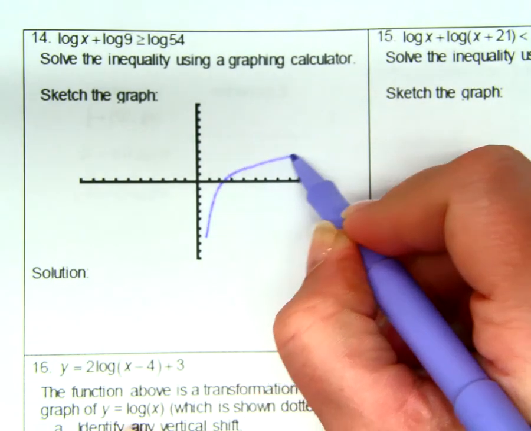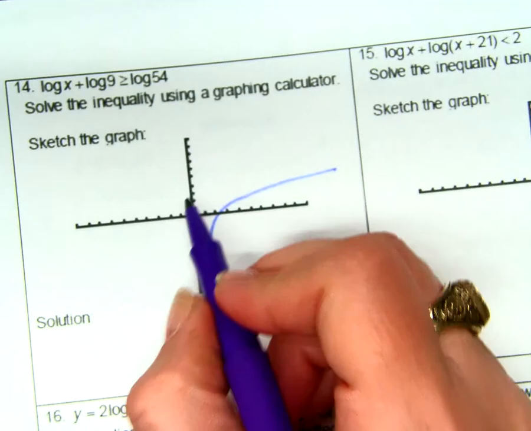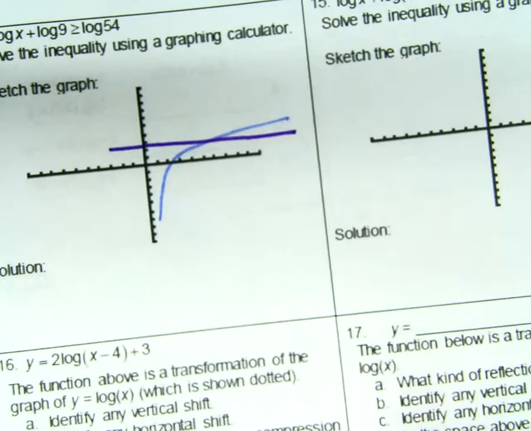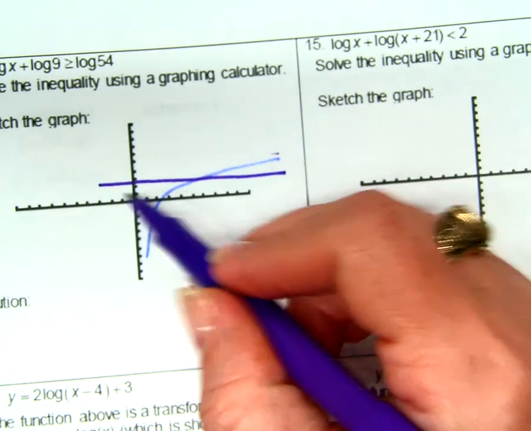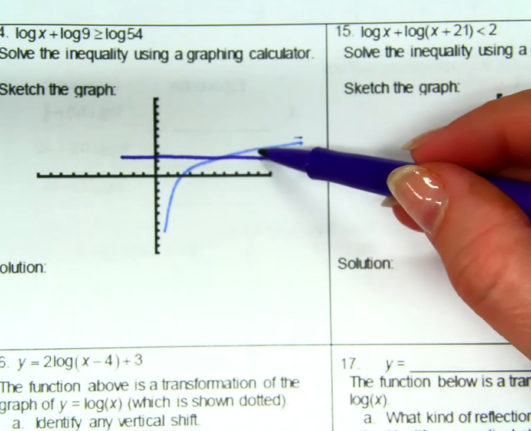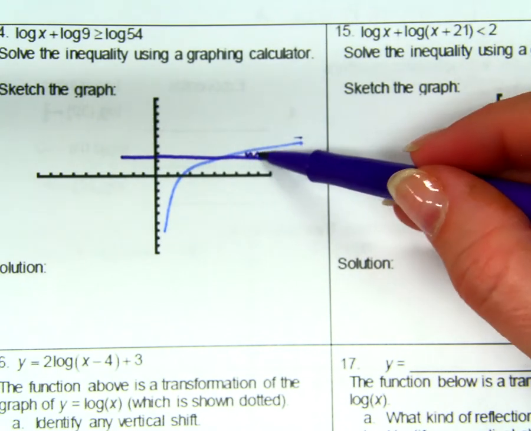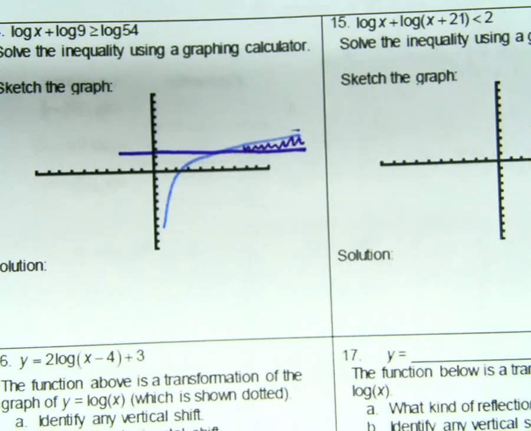This is what the first one looks like, and this is what the second one looks like. When is this light purple one greater than the dark purple one? It's over here, in between these two sections. That's our shaded area.